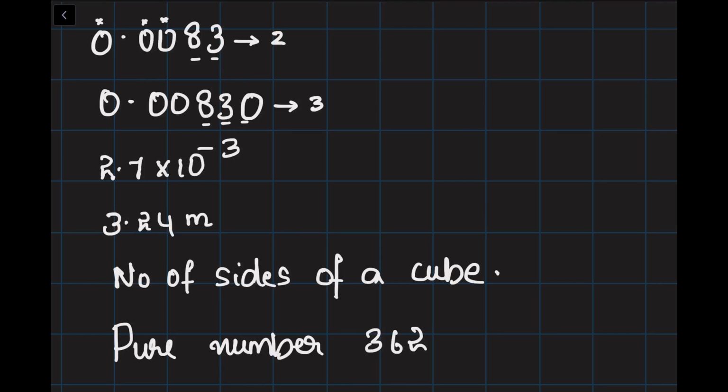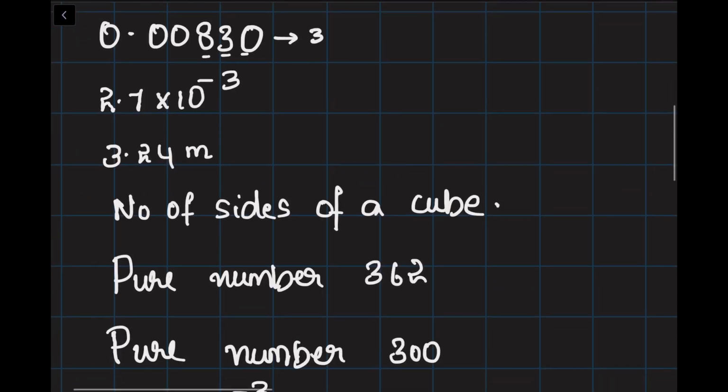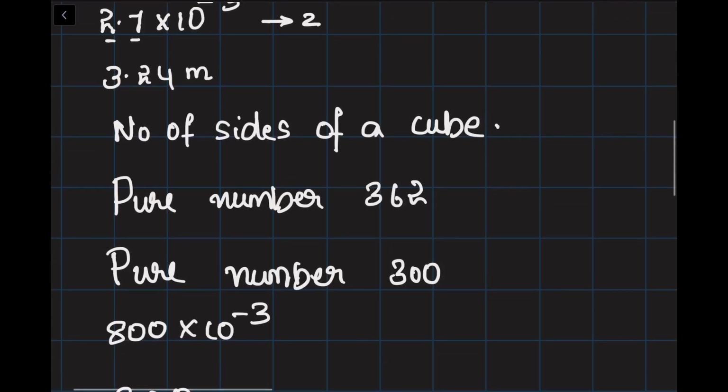So total significant figures 3. In the number 2.7 into 10 raised to minus 3, we don't have to consider anything about exponents, so just 2 significant figures, which are 2 and 7. In 3.24 meter, when units are coming, they are insignificant, we don't have to bother about units, so the answer will be 3.